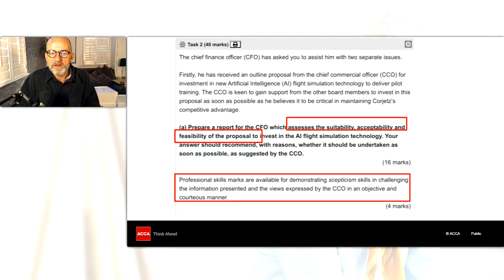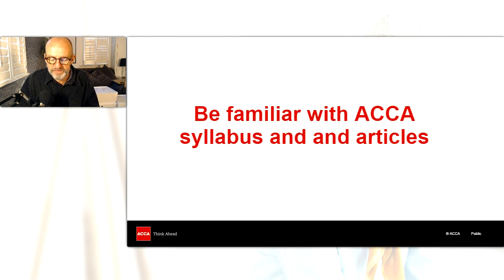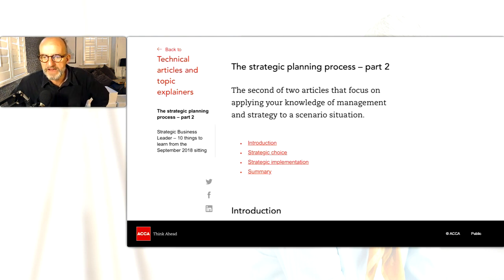Okay. And remember what I said earlier. I said, be familiar with the syllabus and the articles. And if you were looking at the articles here, you would be able to find an article on the ACCA website on strategic planning. It's an article I actually wrote quite a few years ago, but still very relevant today.